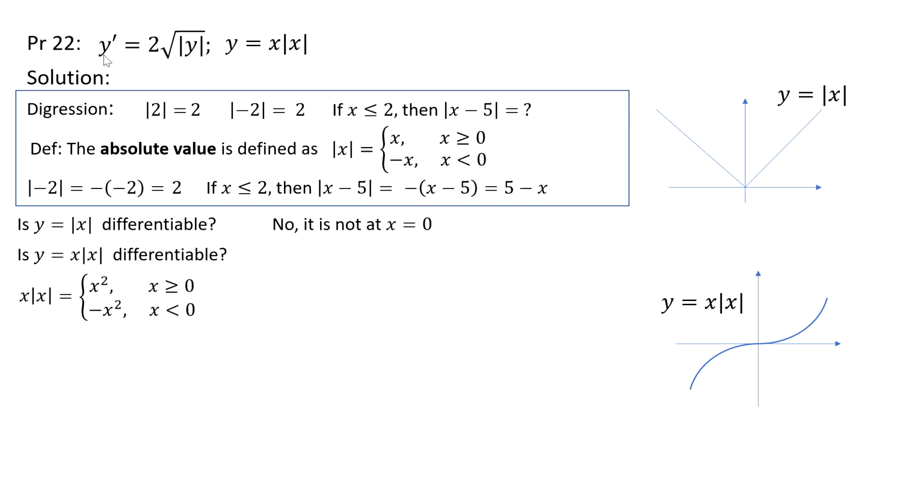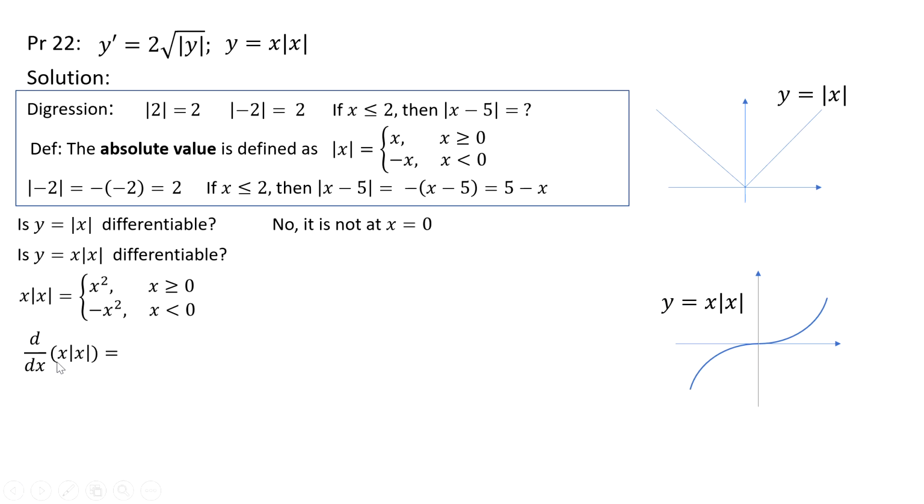So how can you claim something that does not exist to be a solution to this problem? You see? So the minimum requirement for the solution is that the solution function better be differentiable everywhere in the domain. That's why we went through all of this. Cool?